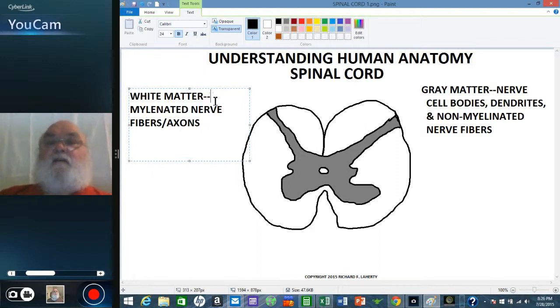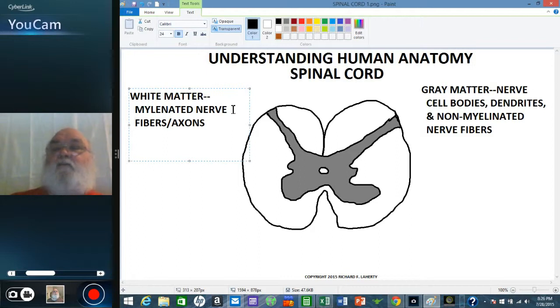Now, that means that the white matter is made up of parts of the neuron, the axon, that are myelinated and that are carrying information from one area of the nervous system to another.